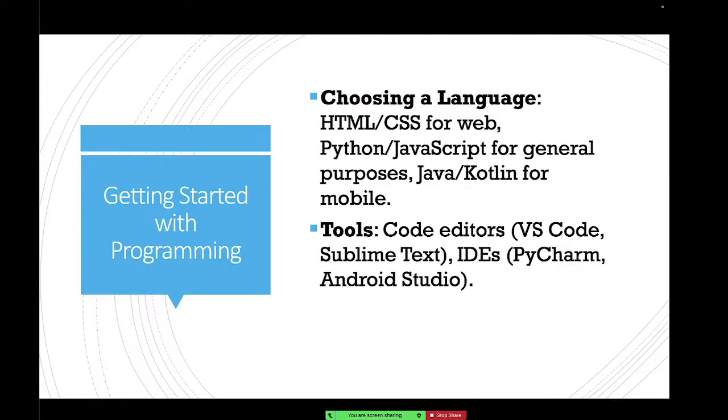For example, we have PyCharm for Python, and then we have Android Studio. Android Studio also will help you to do what? To create mobile applications. And then there are so many IDEs out there.